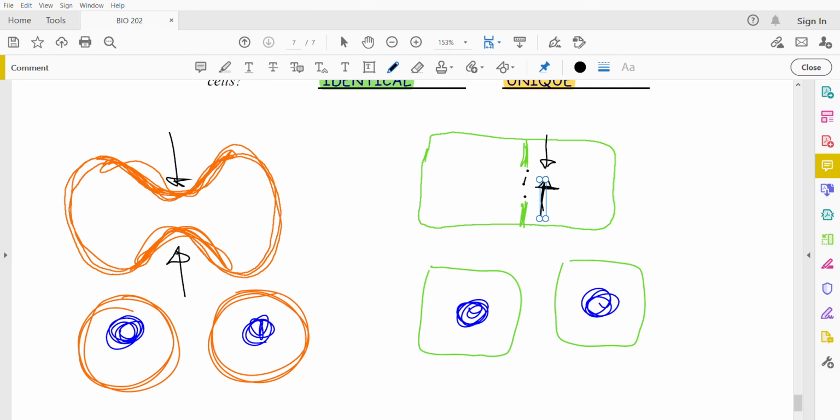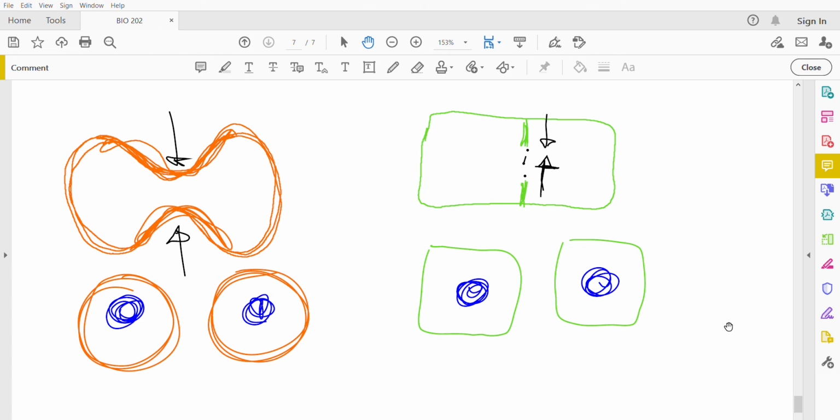So that's how plant cells end up separating into two resulting cells. That's just a concept that I think is important for you to know as well. I do think that there might be a question about that in the exam. I'm not making any promises though, so that's one more aspect to know.